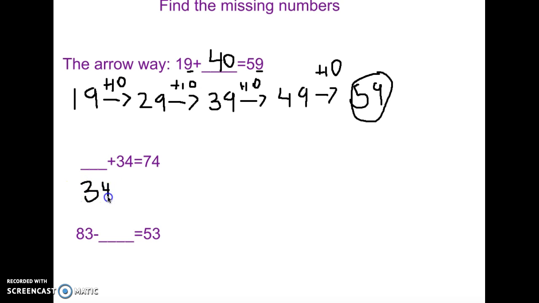So I'm going to start with 34 again. And check this out. The 4s are the same, so I know it's just going to be a bunch of 10s. 34 plus 10, what does that equal? 44. Oops. 44 plus 10, what does it equal? 54.